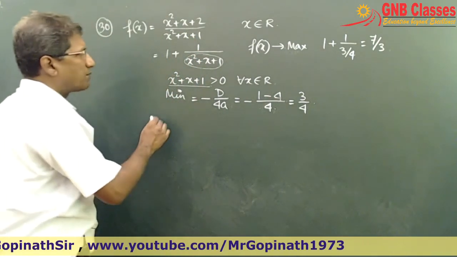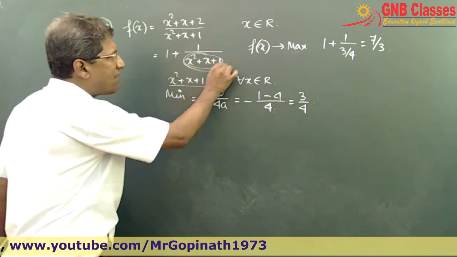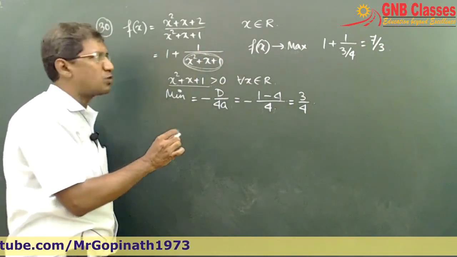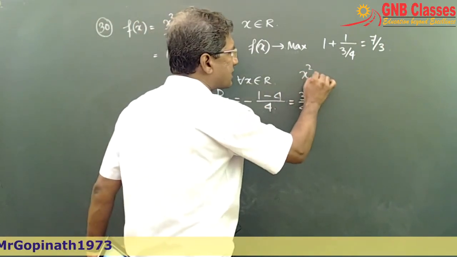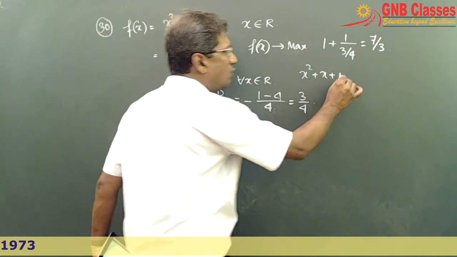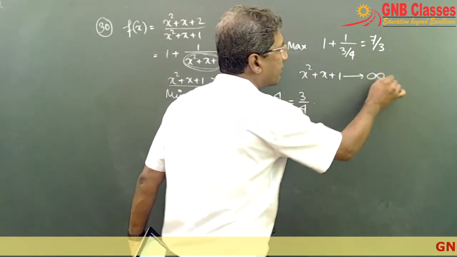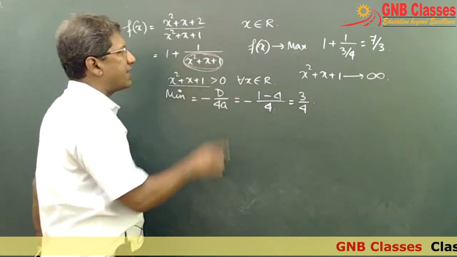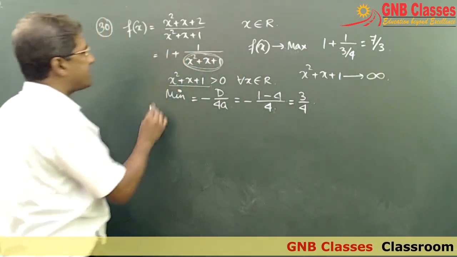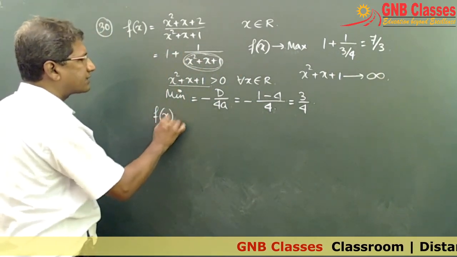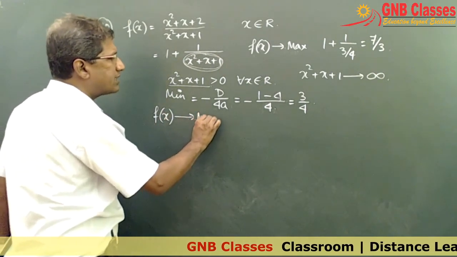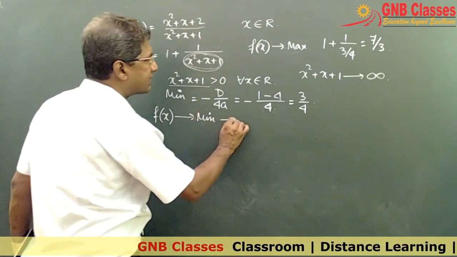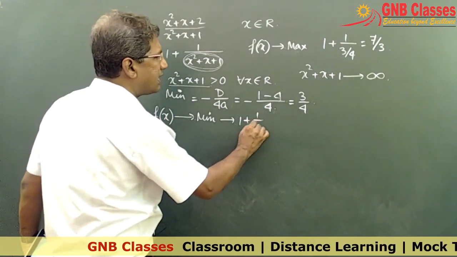Now you see, what is the maximum value of x square plus x plus 1? The maximum value will tend towards infinity. If it tends towards infinity, then f(x) is tending towards its minimum value, 1 plus 1 by infinity.